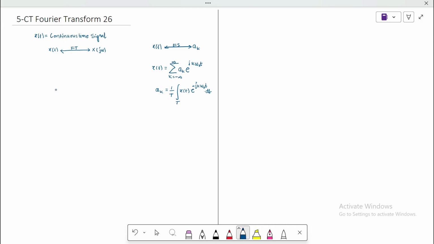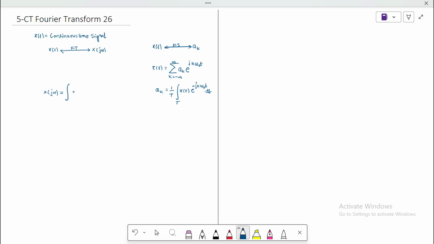First of all, I would like to write the formula for the Fourier transform. You know that x of j omega, in the derivation I told you, is nothing but ak into T. Simple thing. The ak into T is nothing but x of j omega.